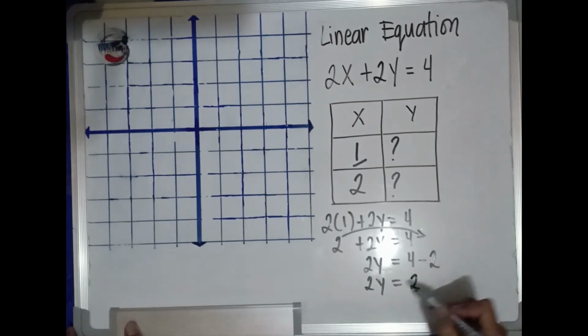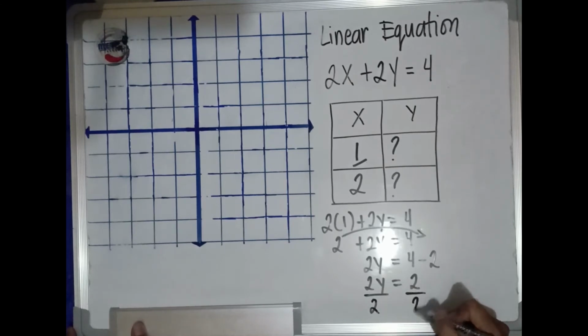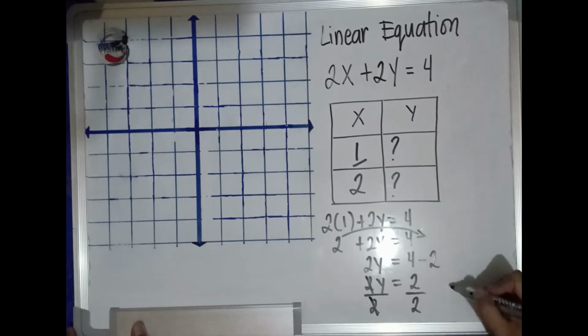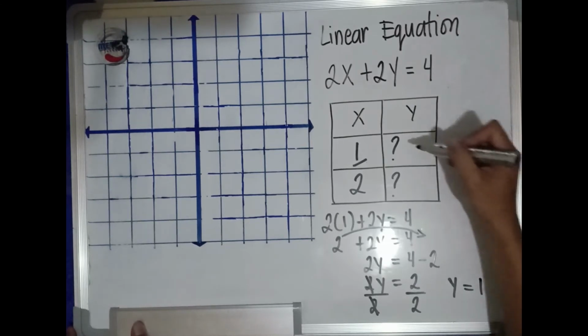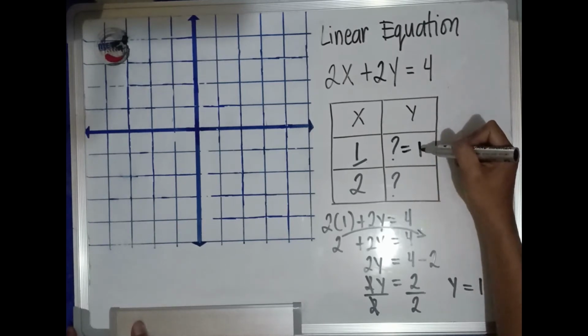And then we have to make the numerical coefficient equal to 1, so we have to divide both sides by 2. So we can cancel this already. So y is equal to 2 over 2, or 1. Meaning to say, the value of y is 1 when the value of x is 1.